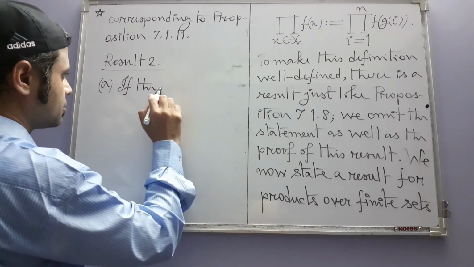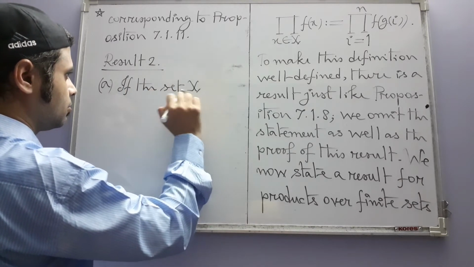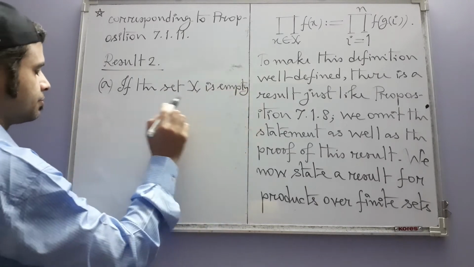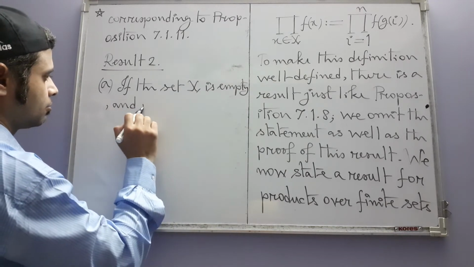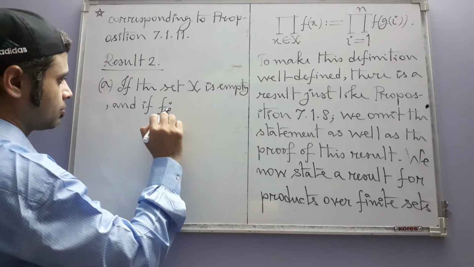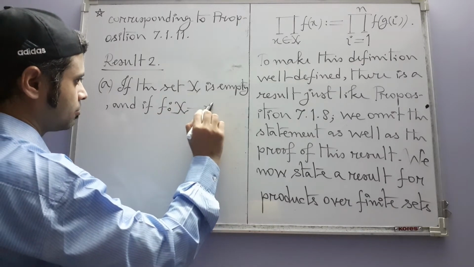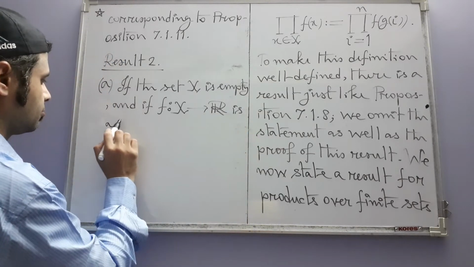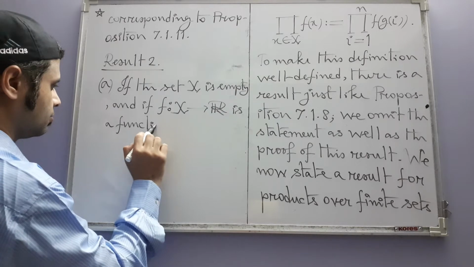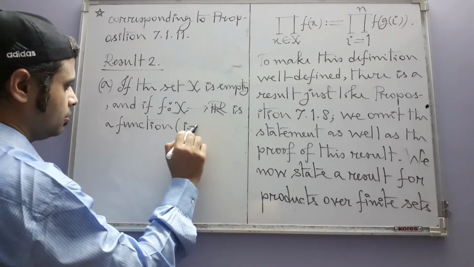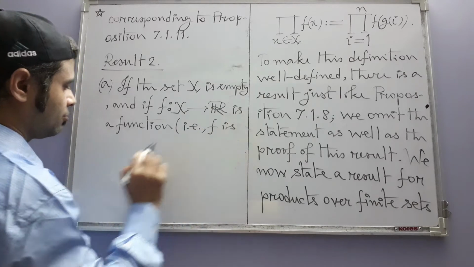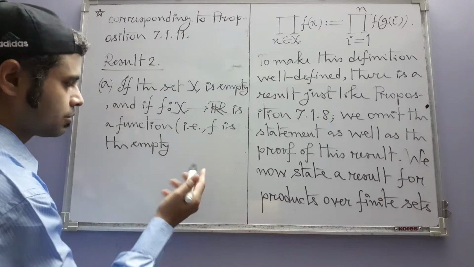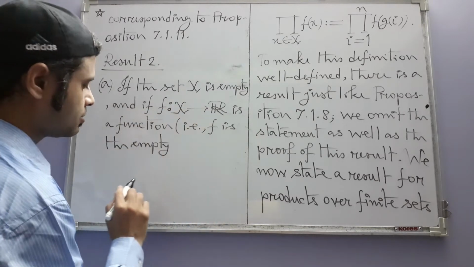Part A is this: if the set X is empty, and if f from X into the set of real numbers is a function, just like before, i.e. f is the empty function, that is the only function which can have the empty set as its domain.